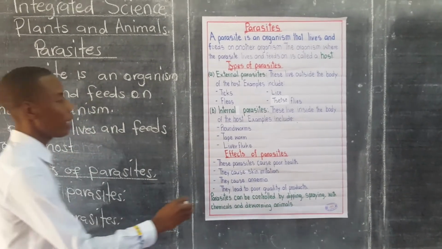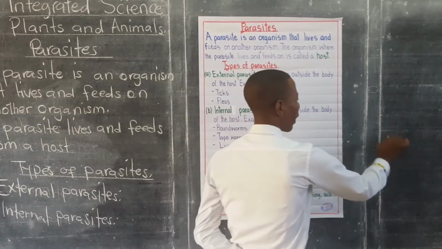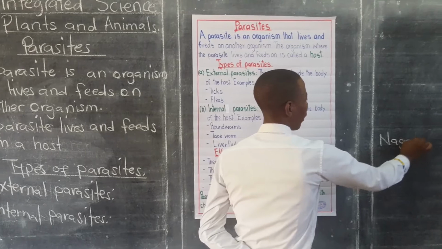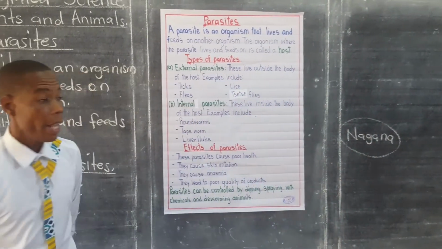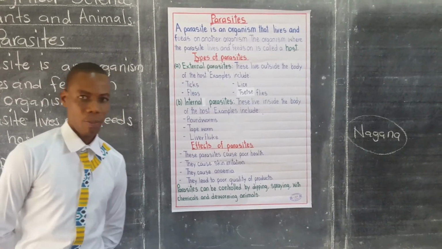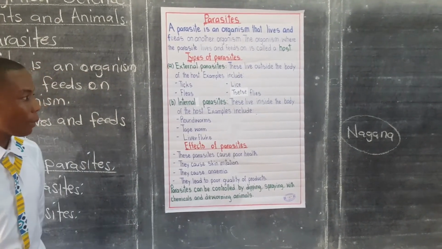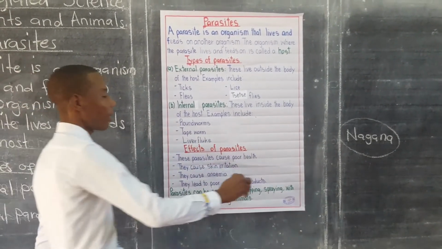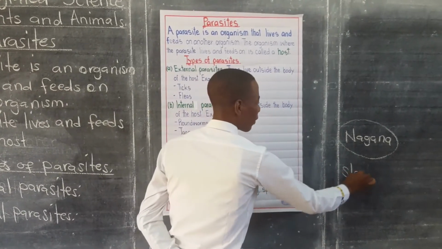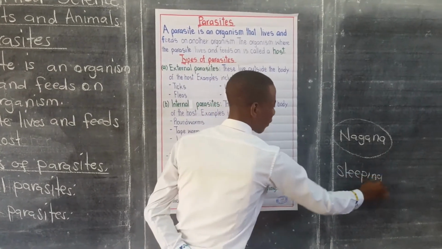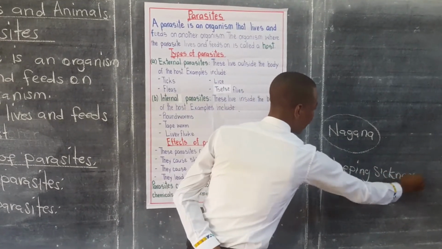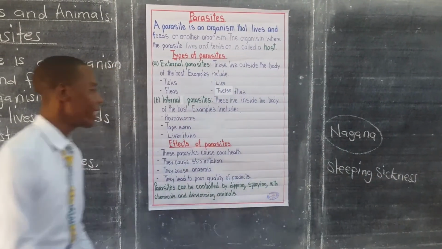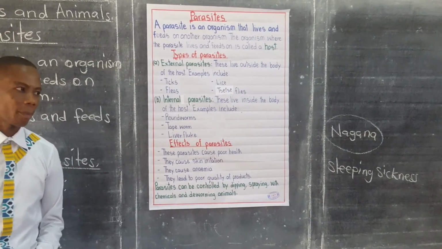They spread a disease called nagana in animals. If it's in people, they spread a disease we call sleeping sickness. So that is how dangerous these flies can be.